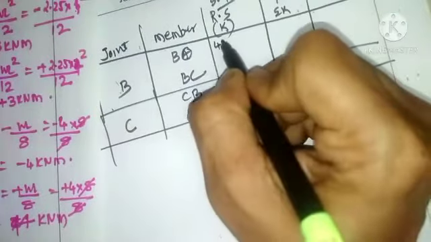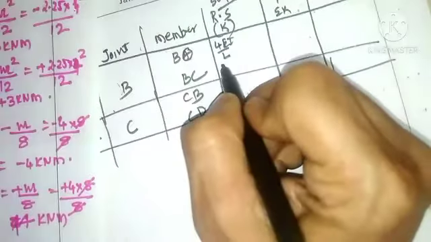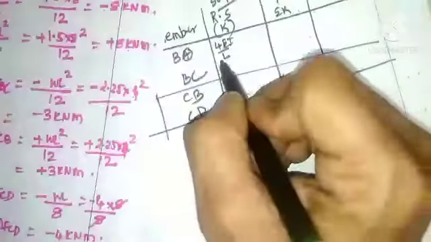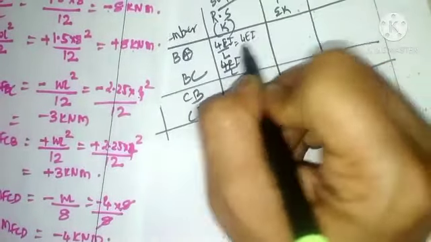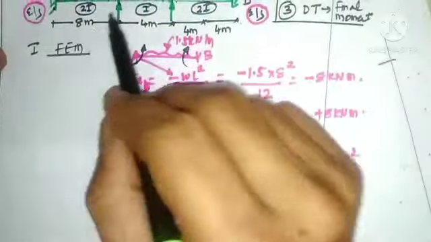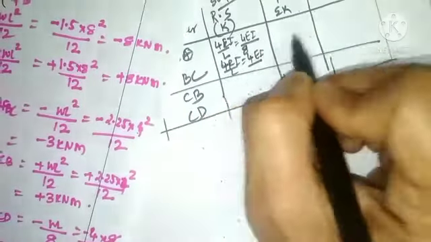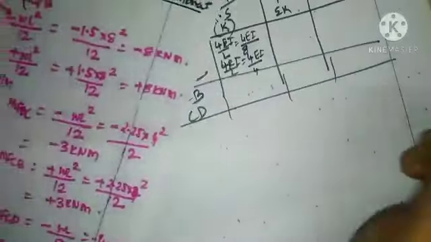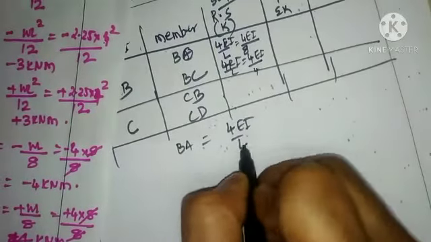So here A is a fixed support, so the formula will be 4EI divided by L. And BC, C is also an intermediate support which is assumed to be fixed, so it is 4EI divided by L. So 4EI divided by length of the beam AB, which is 8 meter, 4EI by 8. Similarly, it will be 4EI by 4. Now the EI value, if I take BA, I have written as 4EI by L.